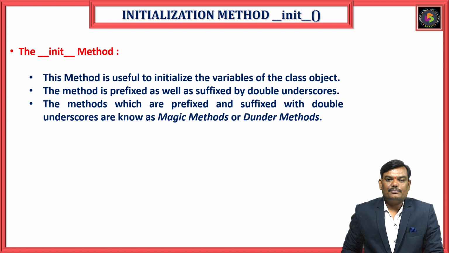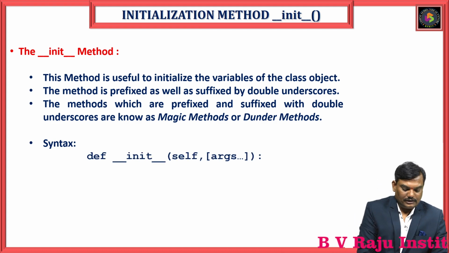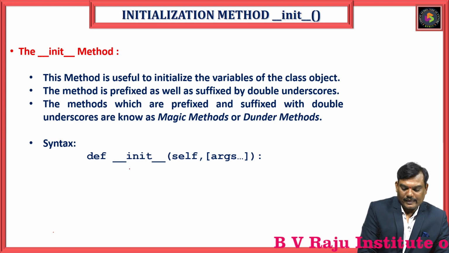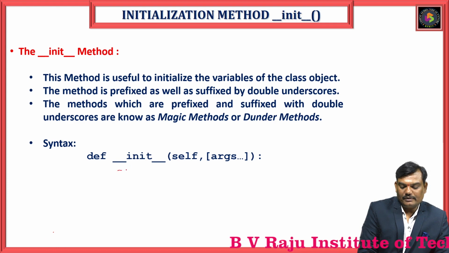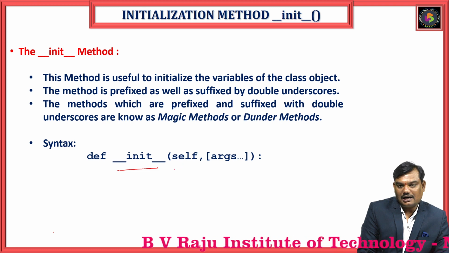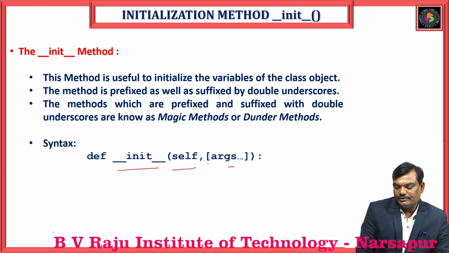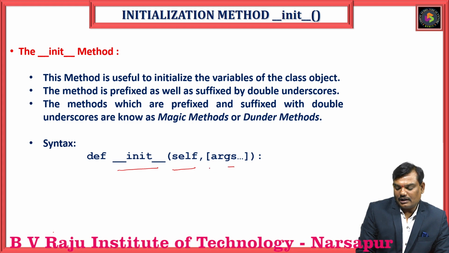When you define this method inside the class, we have to follow the syntax: the def keyword followed by the name of the method, and this method has an argument called self, and after self you can have any number of arguments.